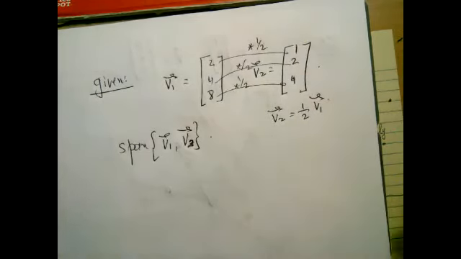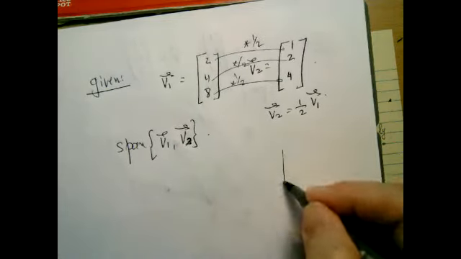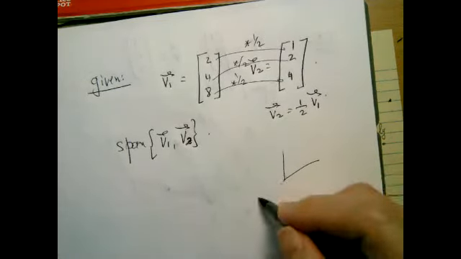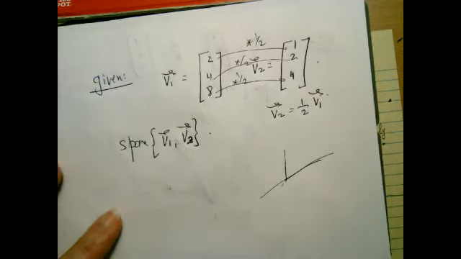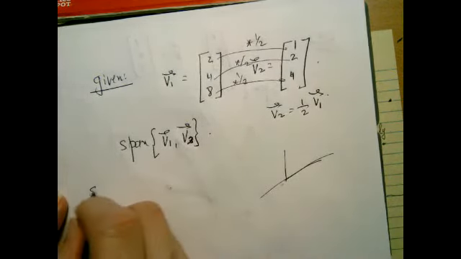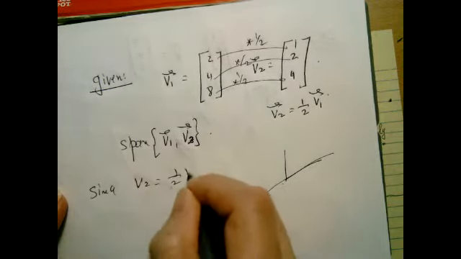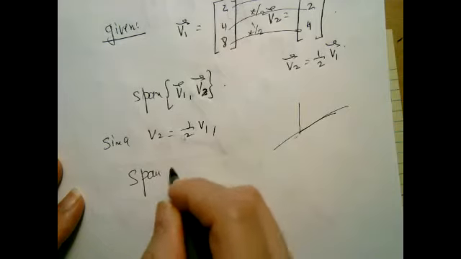So whenever you have two vectors, you have to be a little bit careful, not always jump to a plane. You have to see whether we already have those two directions that we can use to cover a plane, or we only have one. And in this case, V2 equals half V1. So since V2 is half V1, the span in this scenario is just a line.